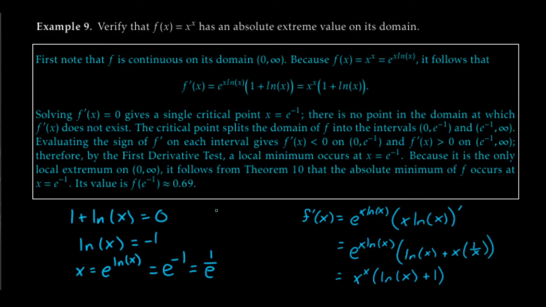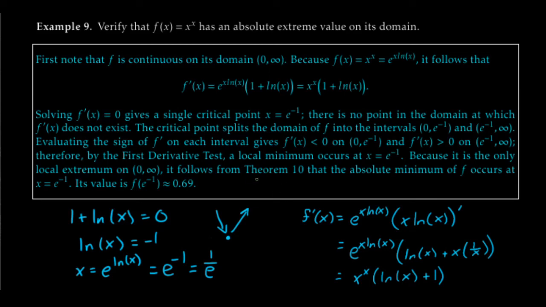So that means we're going down, and then we're going up. That is a local minimum. And using our previous theorem, theorem 10, this tells us that this is an absolute minimum because it's the only local extremum in the domain from 0 to infinity.